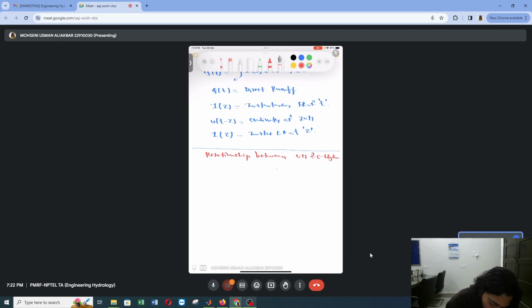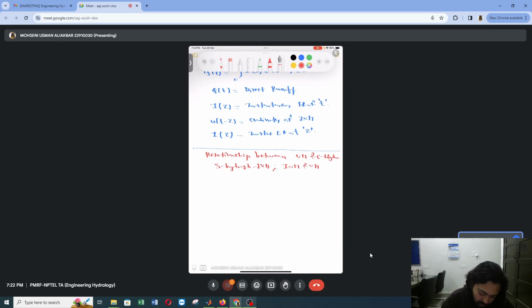And also we can derive a relationship between S hydrograph and instantaneous unit hydrograph, and unit hydrograph. So we can derive these three relations. This will help us while we are solving any numericals, right? So the first relation is quite obvious.